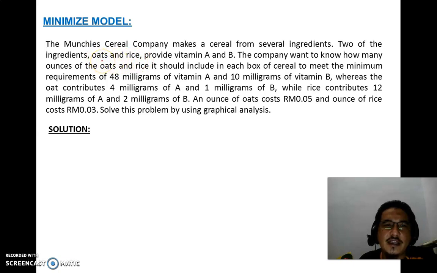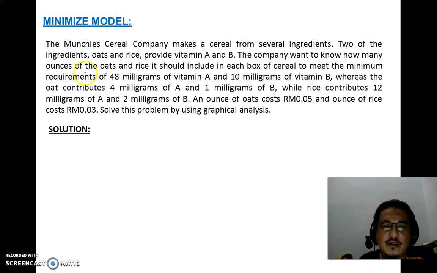Oat and rice provide vitamin A and vitamin B. The company wants to know how many ounces of oat and rice should be included in each box of krill to meet the minimum requirement of 48 mg of vitamin A and 10 mg of vitamin B.